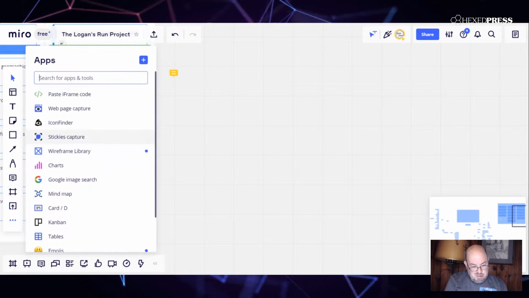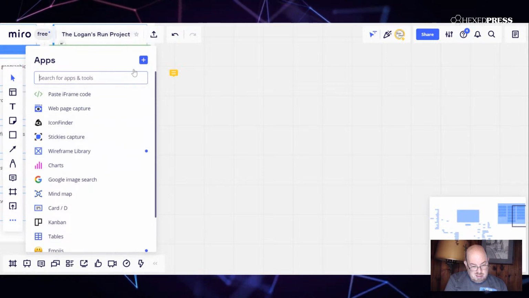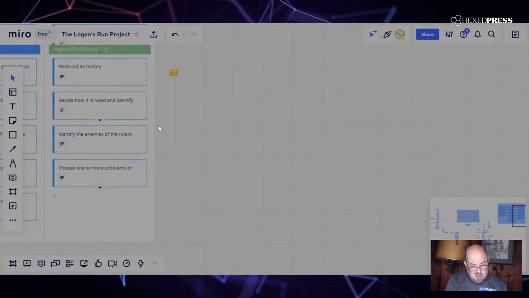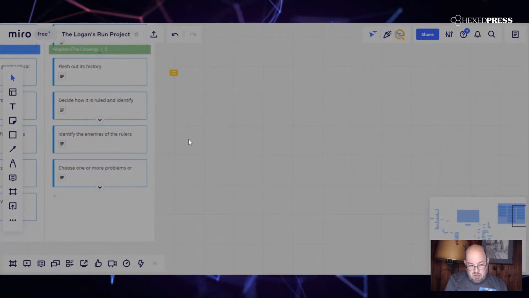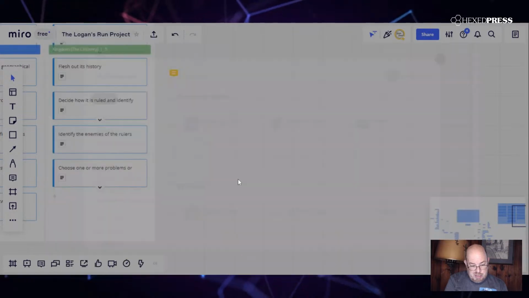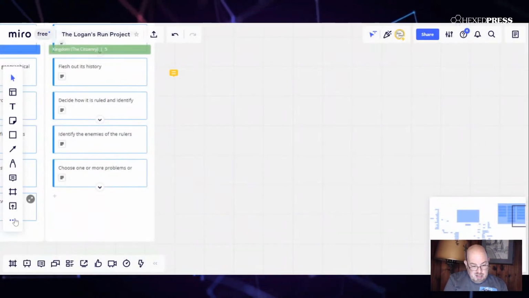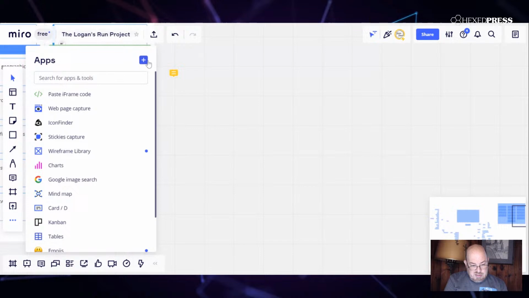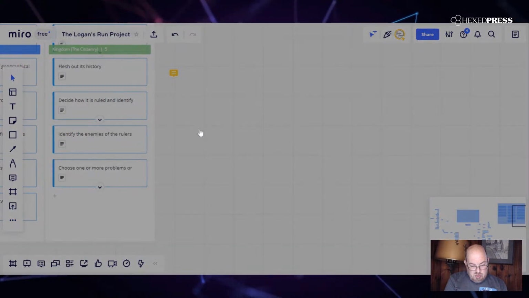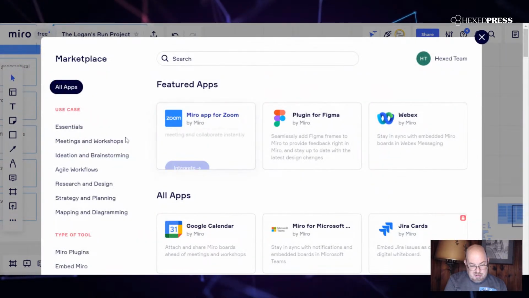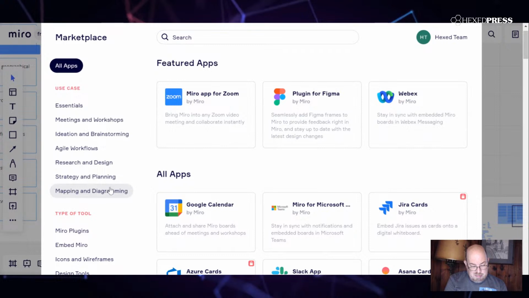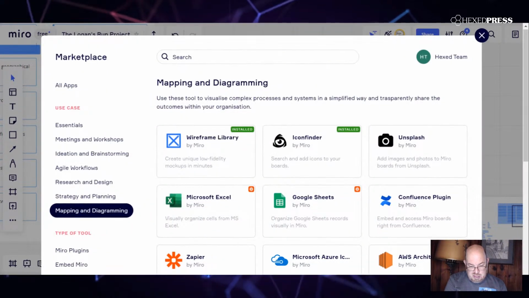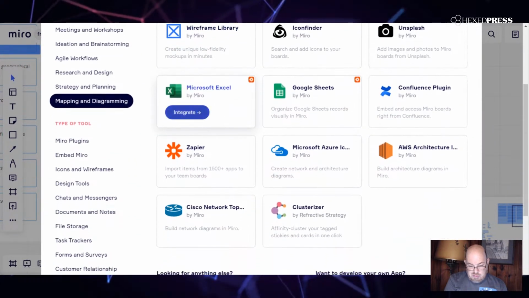We've got mind maps. Add more apps. I don't know what you're asking me to do, Miro. You just went gray. Okay, never mind. Can I back out? Whoops. Too hasty. All right, let's see if they're different. Let's see, Miro. What kind of tools does Miro have? I'd like something where, let's see, mapping and diagram. I'd like something... wireframes.